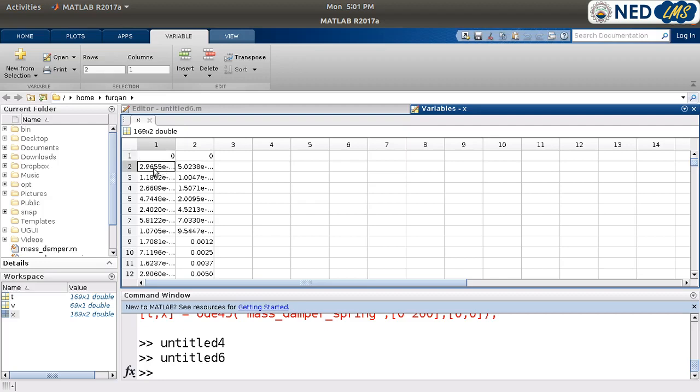This element has an address of second row and first column. This element has an address of third row and first column. So the column is the same. If I want to access all the entries of the first column, the procedure is to put a colon instead of a numeric value.